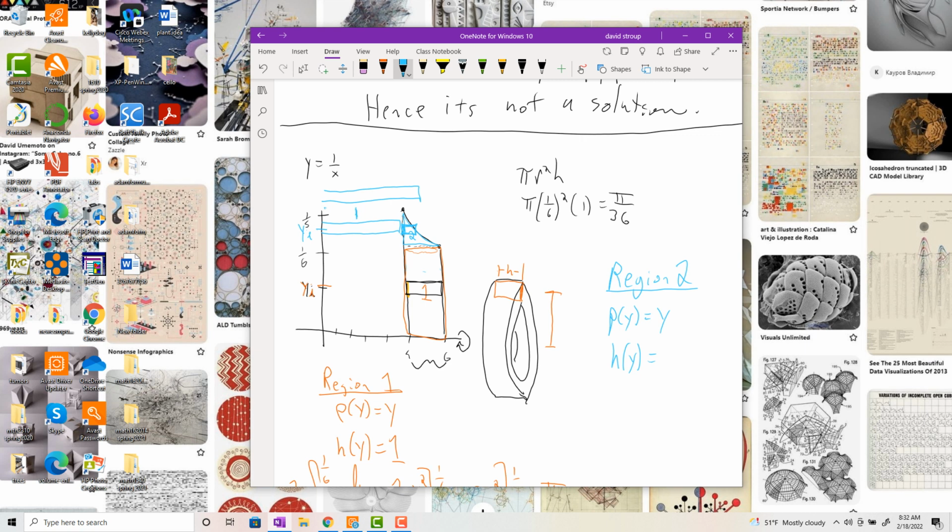It's this height minus this height. The first height, the first rectangle, is given by this function, but you have to put it in terms of y. So it's actually x equals 1 over y.